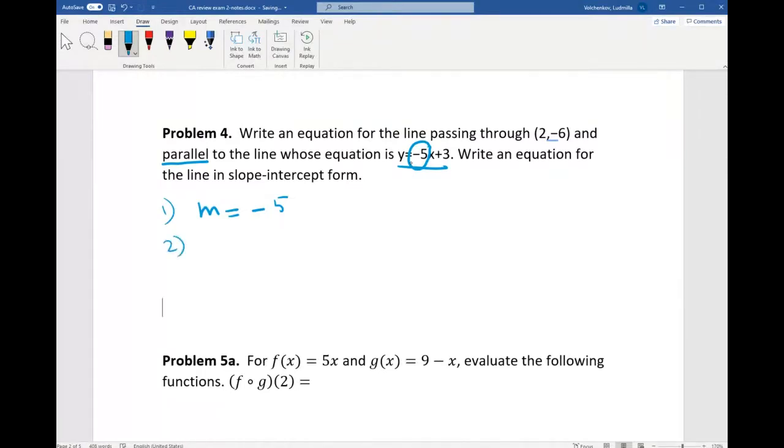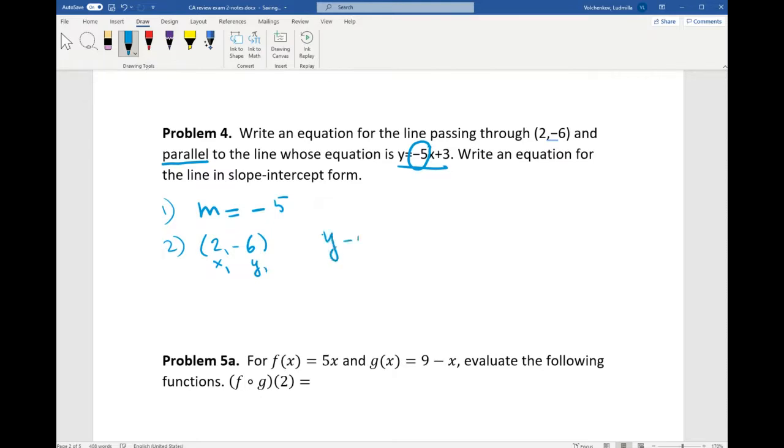Second condition, it passes through the point (2, -6). Okay, we have a slope, we have a point. We can write the equation in point-slope form. This is x1, this is y1.